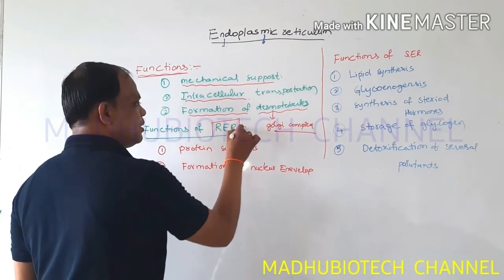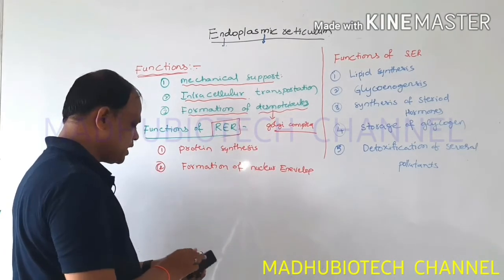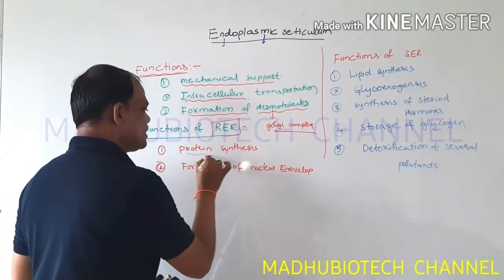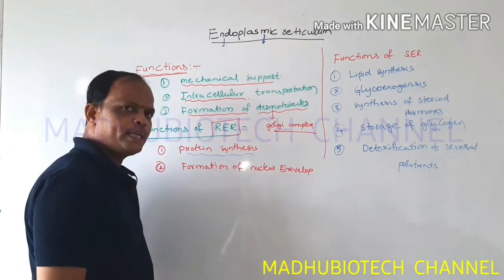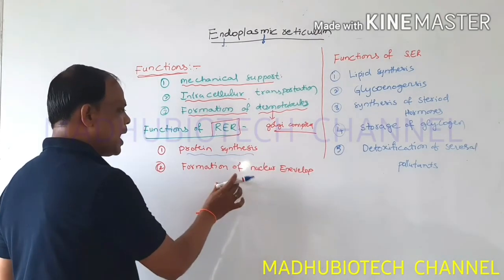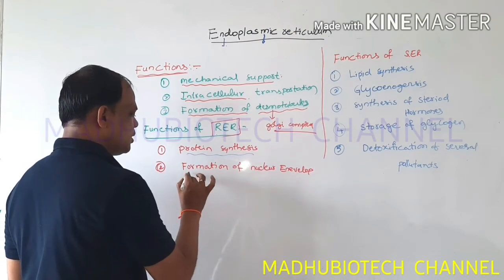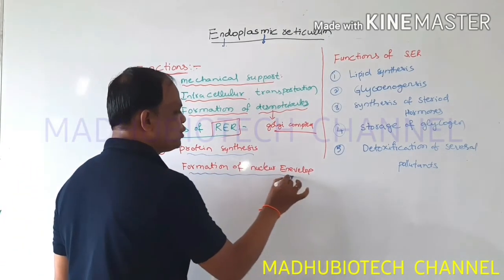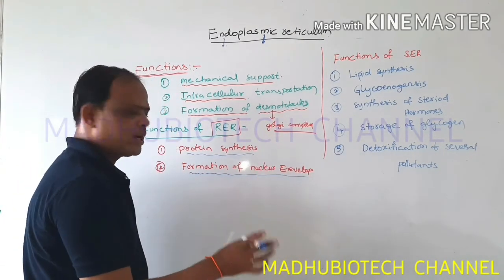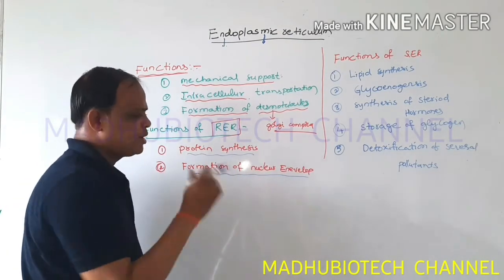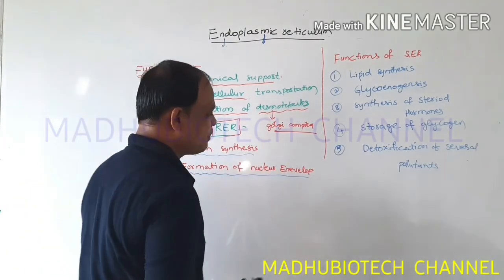The rough endoplasmic reticulum is involved in the protein synthesis process, and it is useful for the formation of the nuclear envelope or membrane.